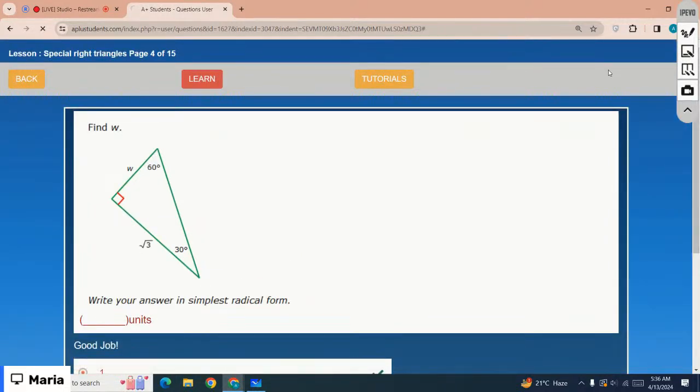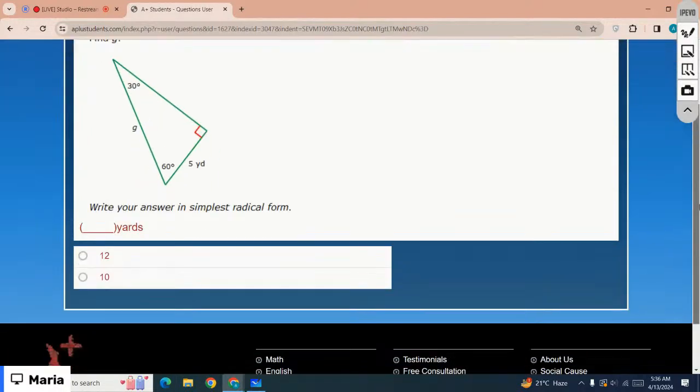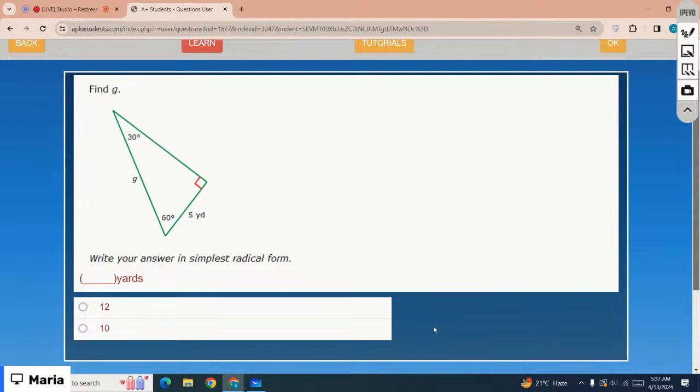Okay, the next one is find G, which is the correct option. Which is the correct option? 10 is the correct option.